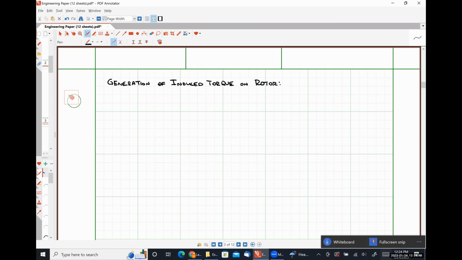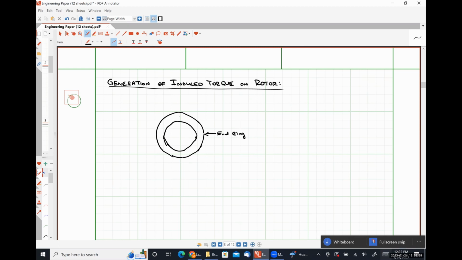So now I'm going to draw a picture of a cross section of our rotor windings, or it could be a squirrel cage. Actually, let's say that this is a squirrel cage. It'll be slightly easier to understand. So this is the end ring of our rotor, and its job is to short out our conductors, right?